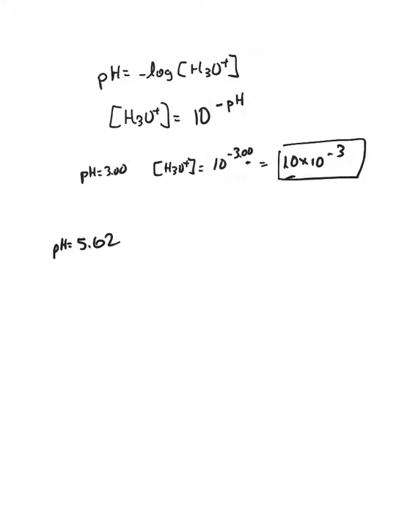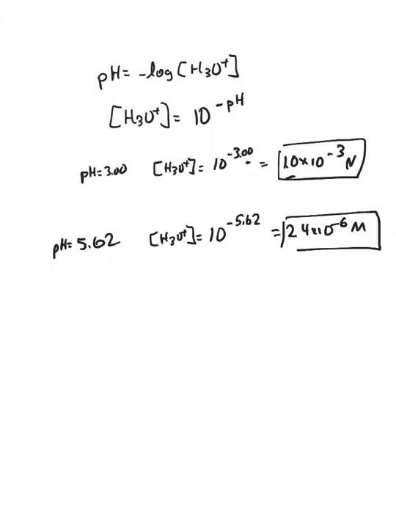Let's do pH of 5.62. The H plus concentration, or the hydronium ion concentration, is going to equal 10 to the minus 5.62. So I'm putting in 5.62 into my calculator, changing the sign, and doing inverse log. And I wind up with 2.4 times 10 to the minus 6 molar. Oops, I should have had a molar for my concentration up in the first one.